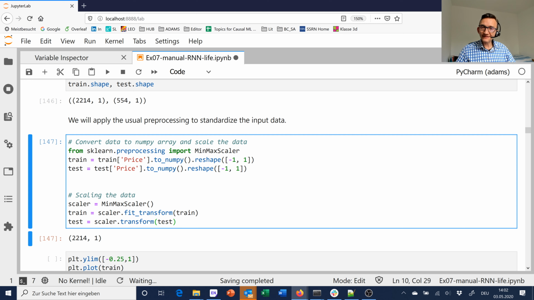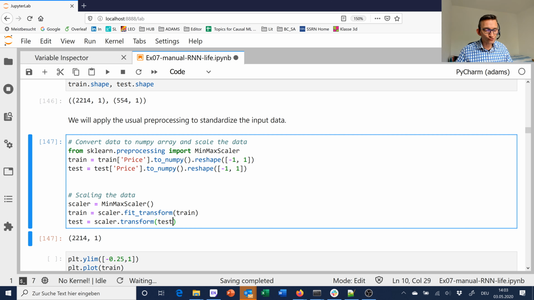So when transforming the test set, I will use the min and the max values that were computed from the training set. That's the proper way to do it, because the test set, in reality, would not be available to you. Hence, you should not scale your data before splitting it. Then you have some leakage in your data, and the parameters the scaling depends on will have seen all the data, including the test data.